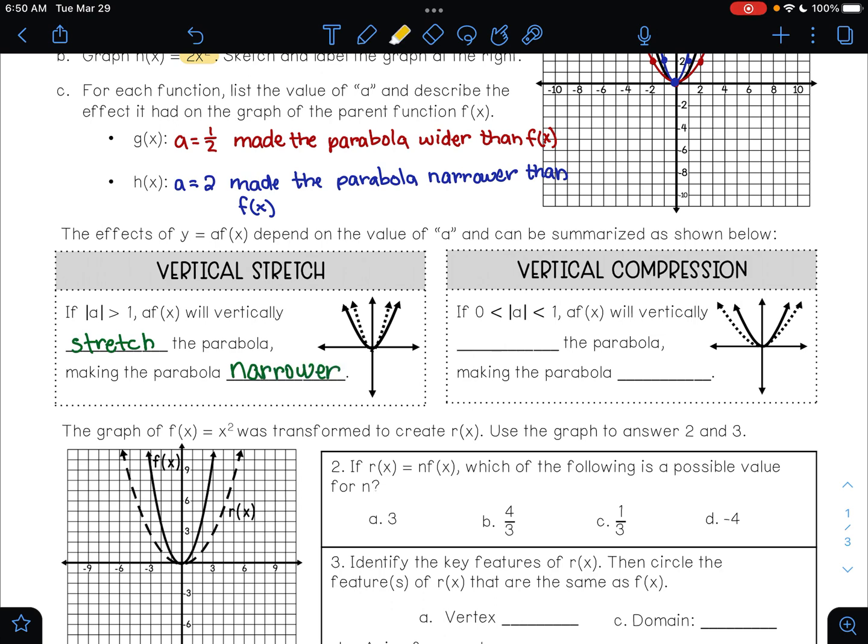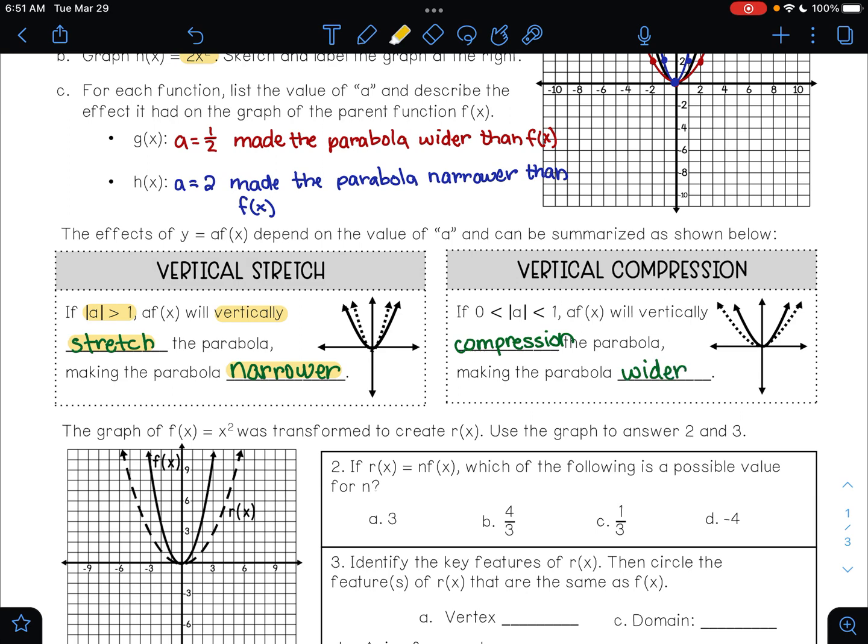So on the STAR test, they could use either word, stretch or narrower. So you need to know that when a is bigger than 1, it is narrower or a vertical stretch. And when a is between 0 and 1, it's going to be a vertical compression, which makes our parabola wider.